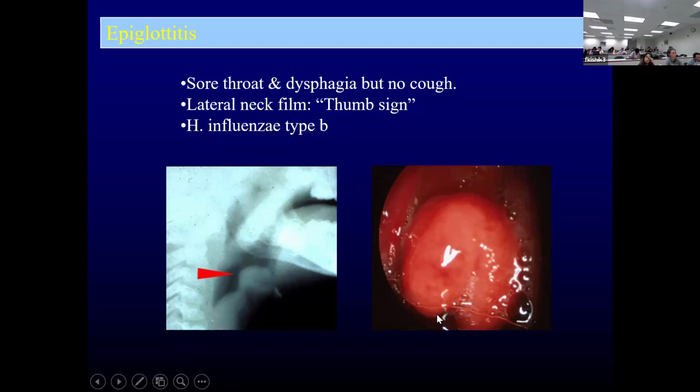One thing, if you suspect epiglottitis, please do not do the tongue exam. Do not try to look inside the child's mouth, because if you touch it, the epiglottis will sit on the vocal cords, it will close them, and you will not be able to intubate the child. So if you think of epiglottitis, ask for help from anesthesia. Do not do the oral exam.